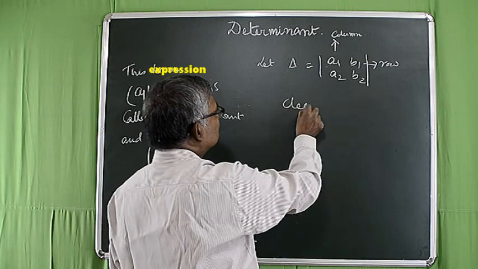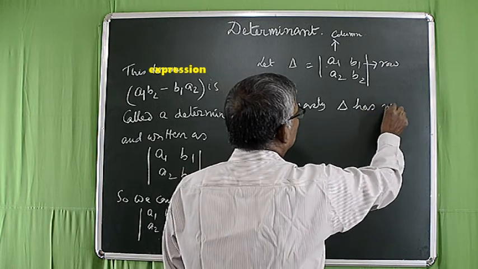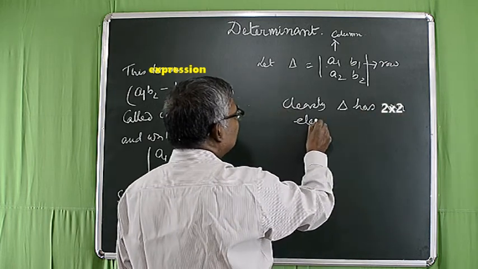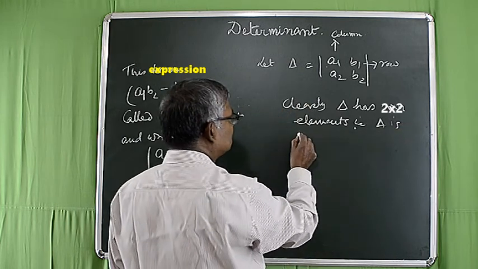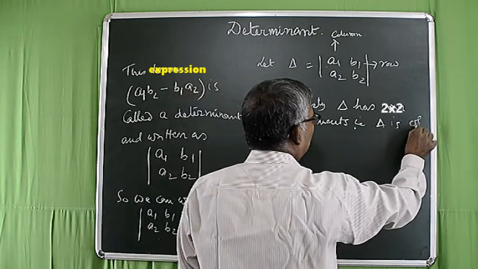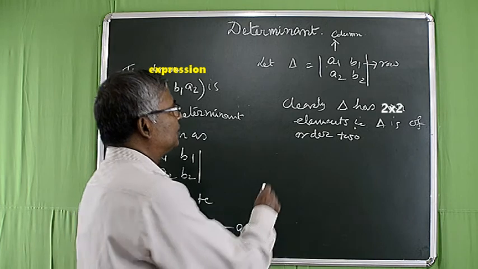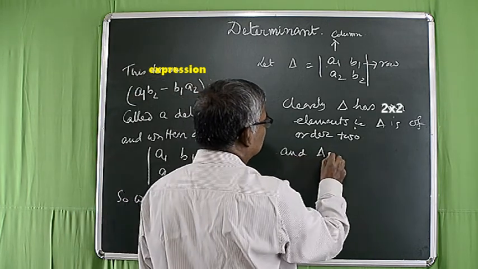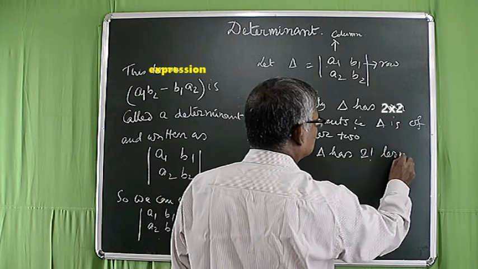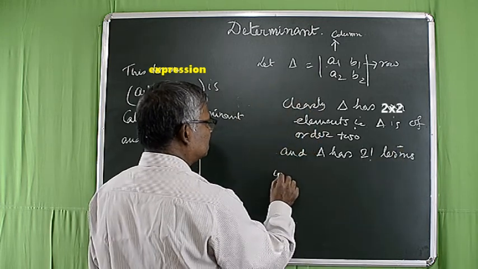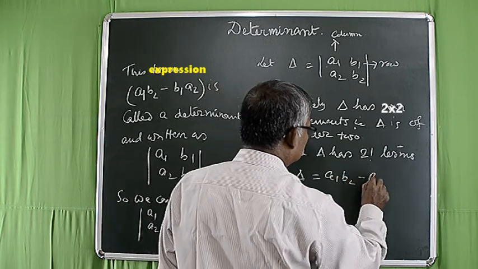Clearly, del has 2 by 2 elements, that is, del is of order 2, and del has factorial 2 terms, that is del = a1 b2 - a2 b1.